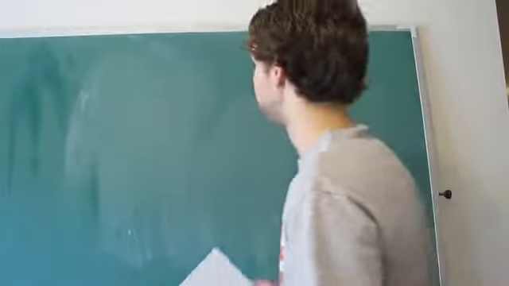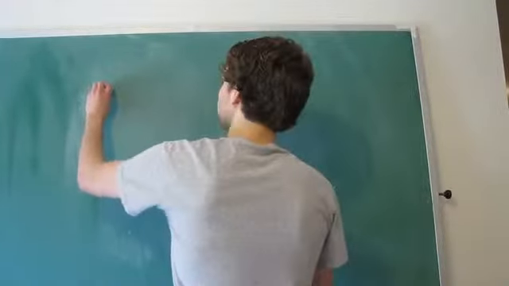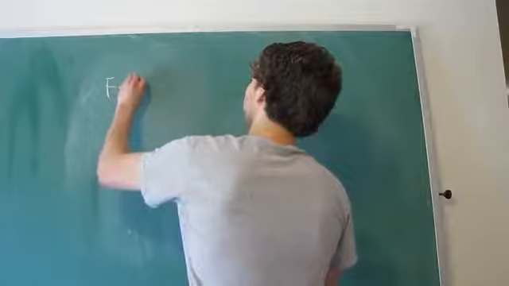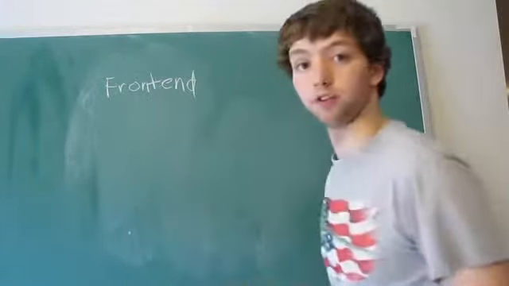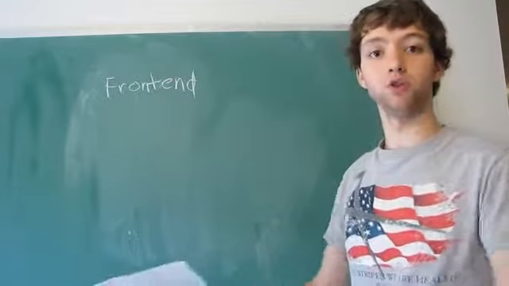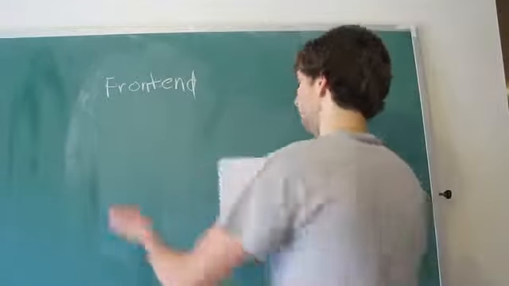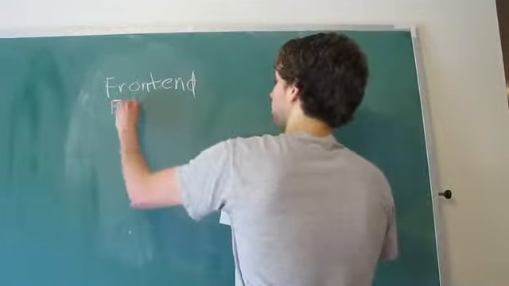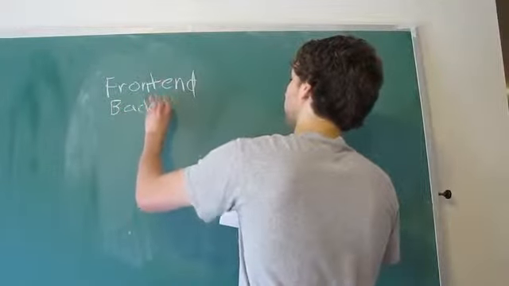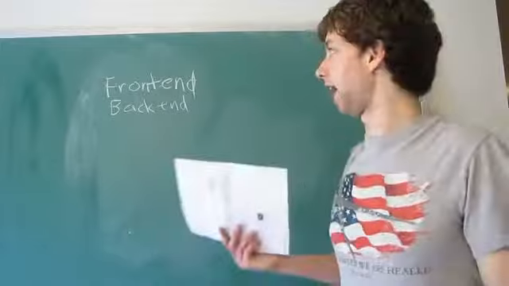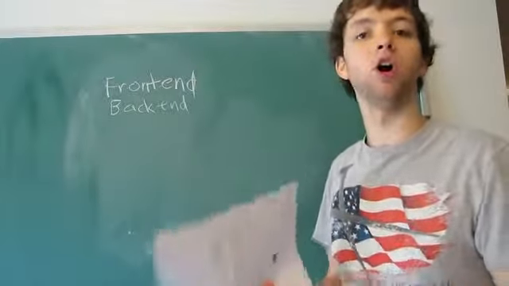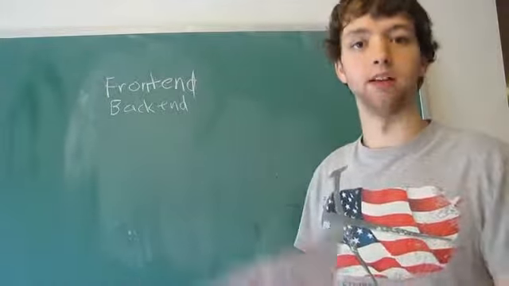Alright, presentation. So the very first thing is we have the front end of an application. The front end is what the user sees. The back end is what's going on behind the scenes. When we have a website, we don't just have what the website looks like. We have code that gives us that look.